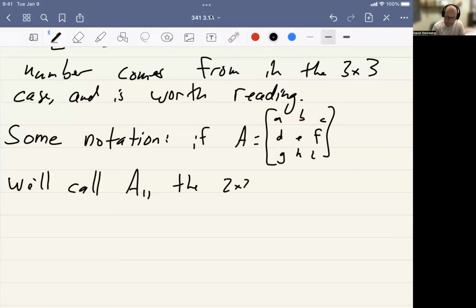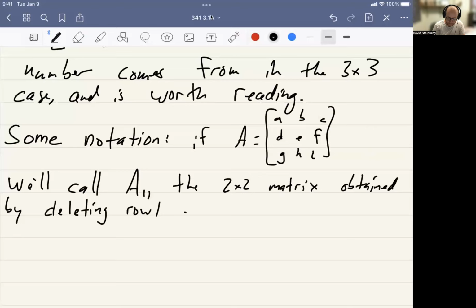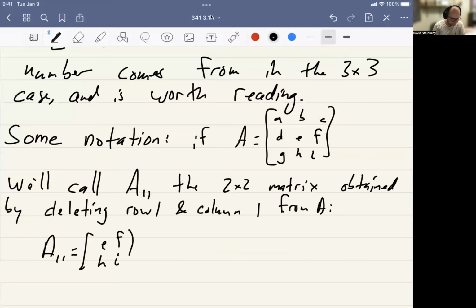So this is the 2 by 2 matrix obtained by deleting row 1 and column 1 from A. So A11 is E, F, H, I.